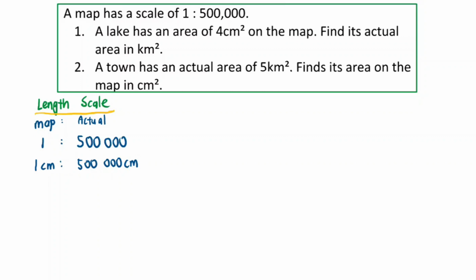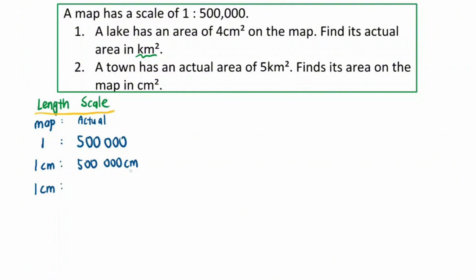Then next I want to convert the actual length from cm into kilometers, because for question 1, the actual area that we need must be in kilometers square. So let's do that first.